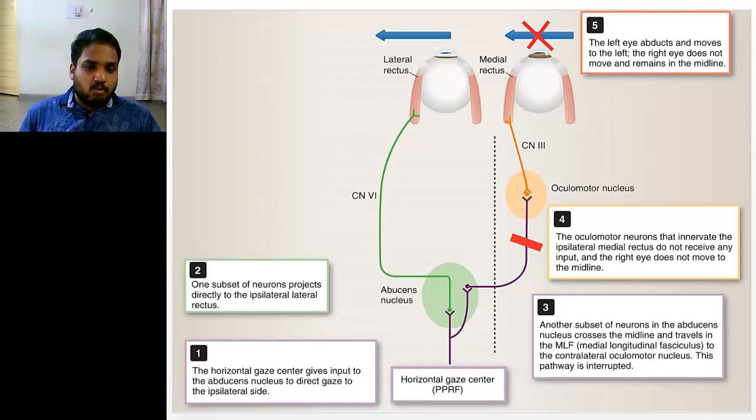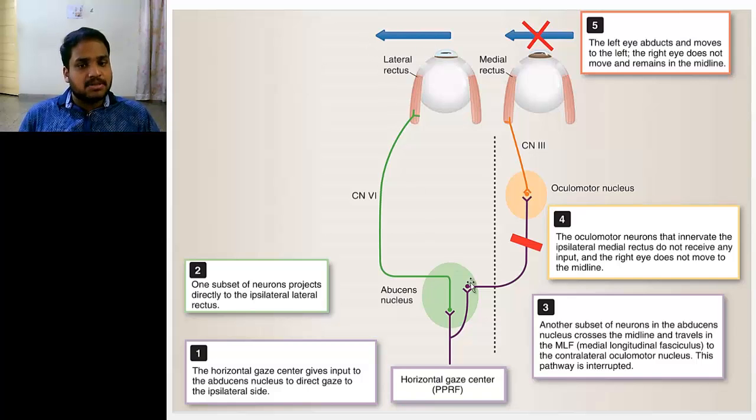Now what happens if there is a lesion in the medial longitudinal fasciculus? From the right frontal eye field, again the impulses would reach the left PPRF, then the abducens nucleus, and through the sixth nerve the lateral rectus. The lateral rectus would contract, moving the left eye to the left.